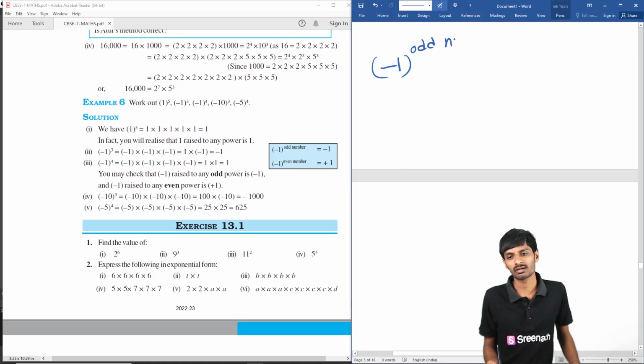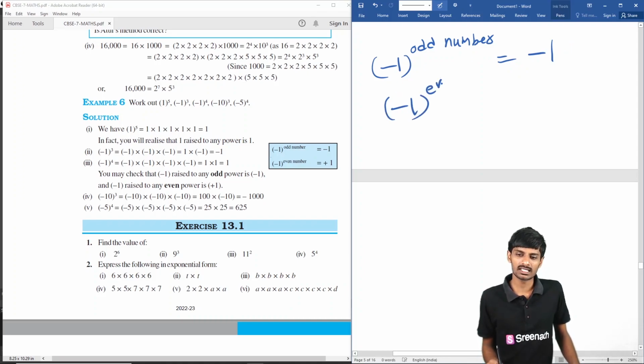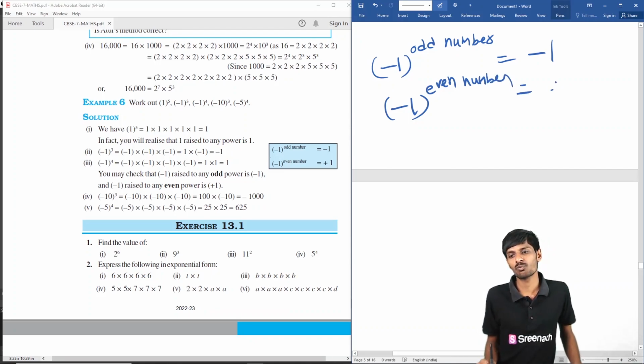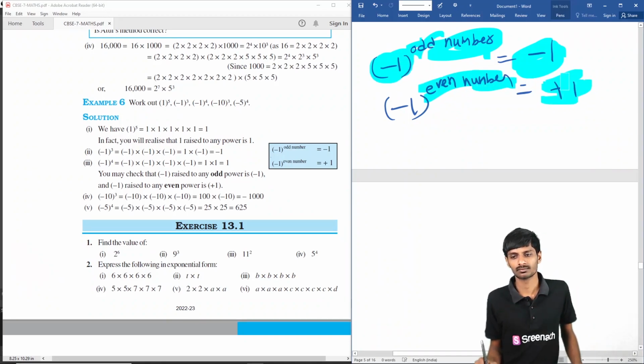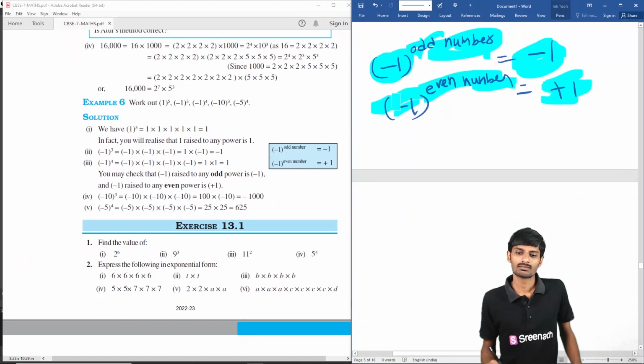If there is odd number, then it is negative. Suppose there is minus 1 and there is even number, then it is positive. So this is the most important thing you have to remember. If the even number is there, then you will get the positive one. Okay, students.